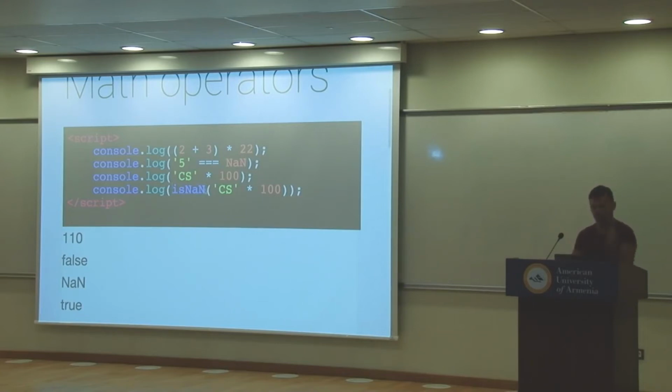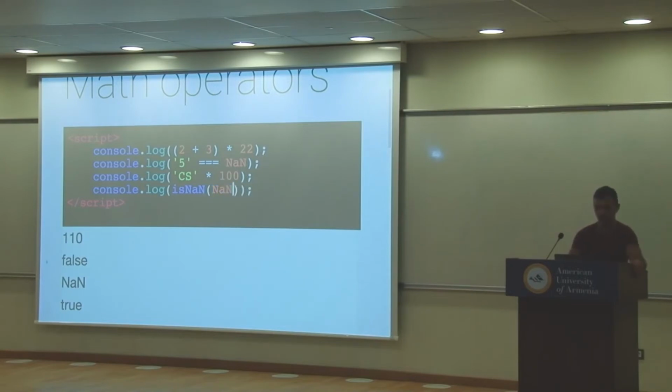So the way to do that is to use this isNaN thing. It's a function, we'll talk about functions later, but basically you say isNaN and you give it some value. And if that value is NaN, it will return true. If it's not, it will return false. Which is why if I do CS multiplied by 100, that ends up doing this, right? Turns it into NaN.